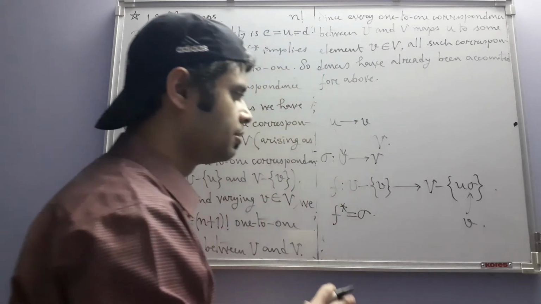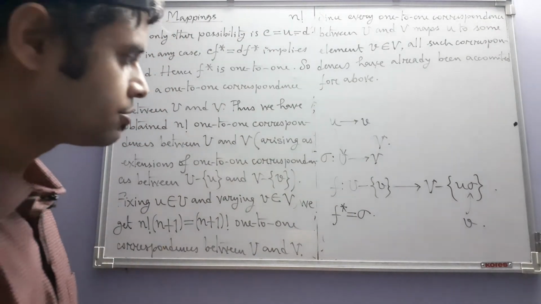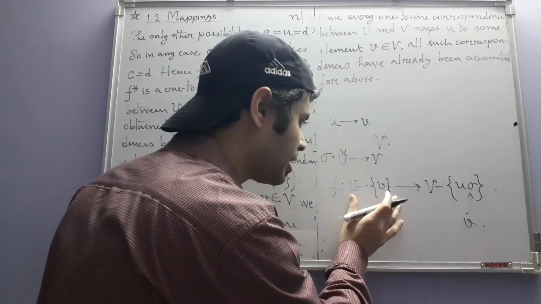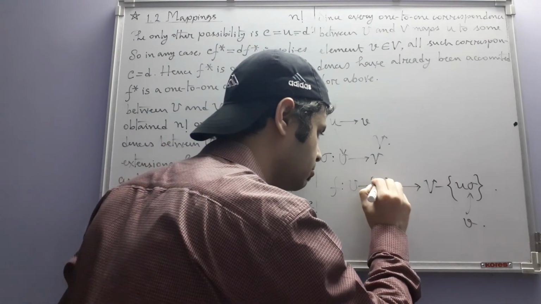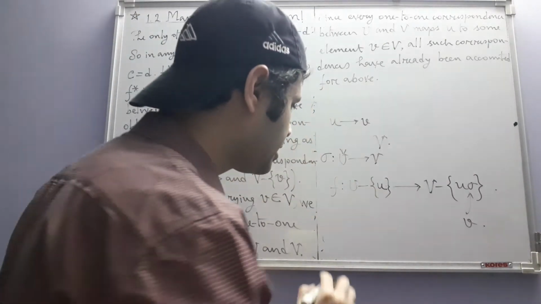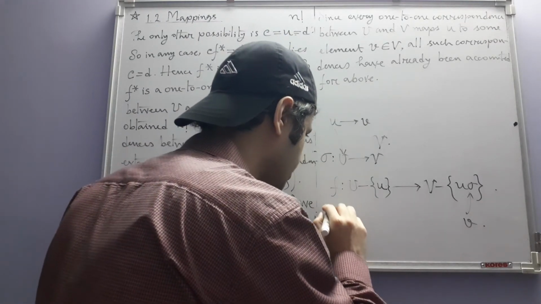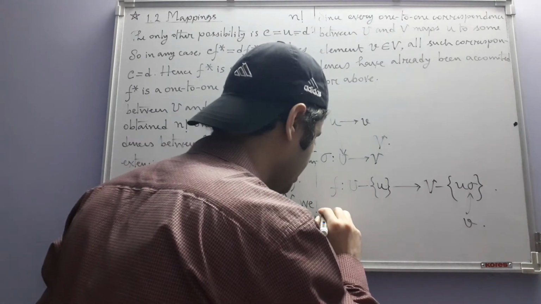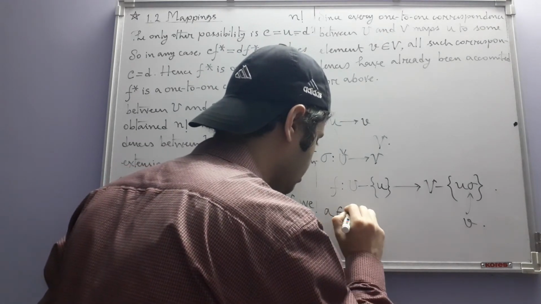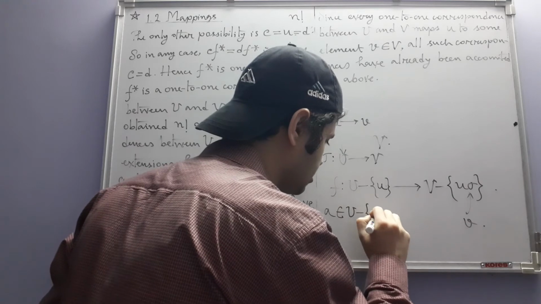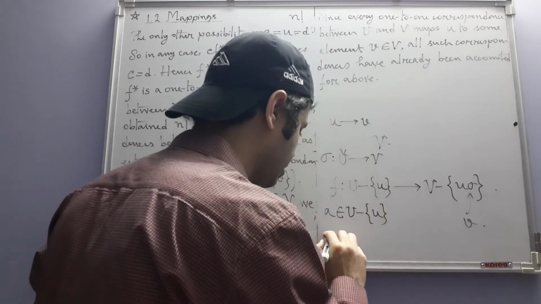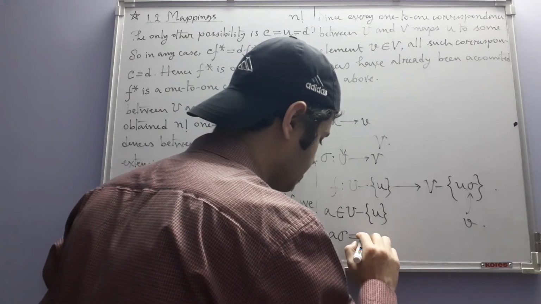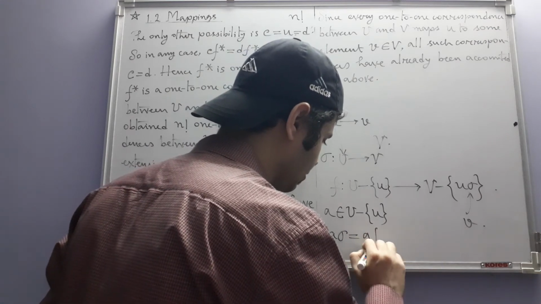So what I'm trying to say here is that on U minus u, f and sigma are identical. That is, if I take an element a in U minus u, then I have a sigma is equal to a f.